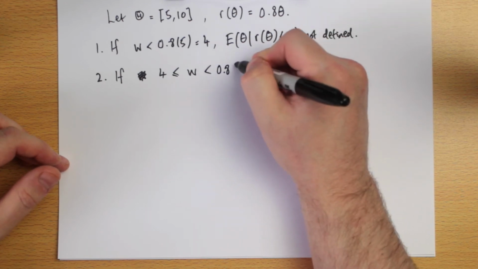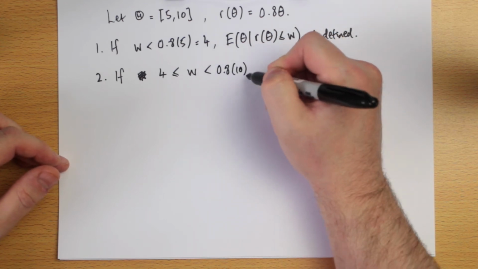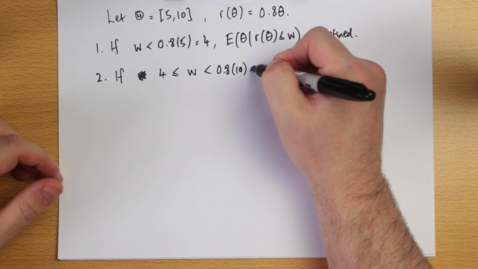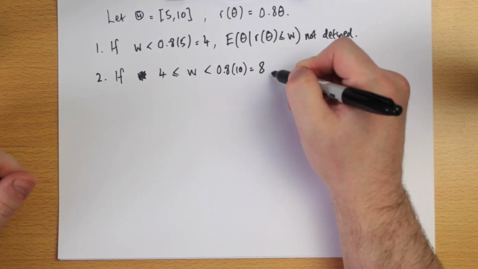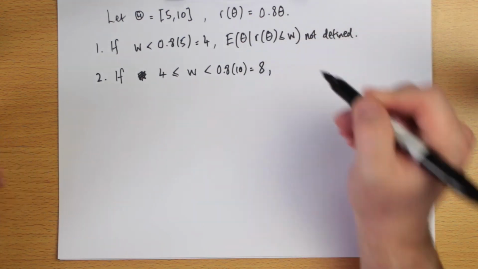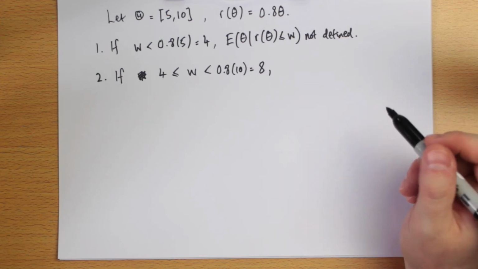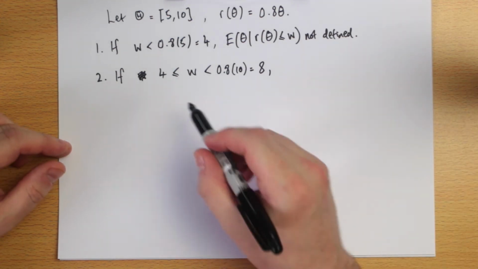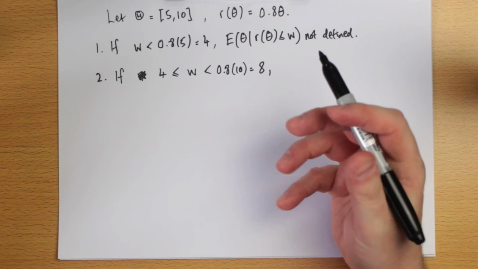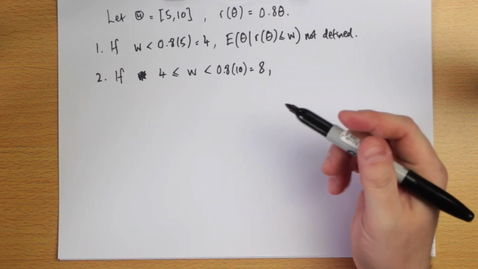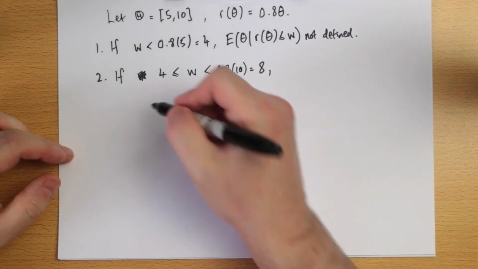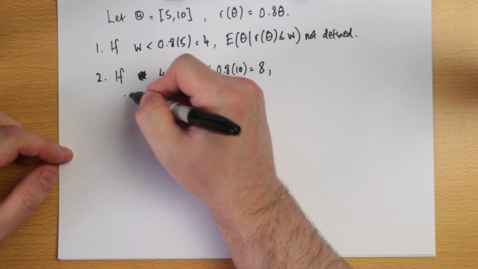So if we say that this is less than the 0.8 times 10 case, then at least the highest person won't accept this wage. So some will accept and some won't. Well, what happens then? One way of thinking is, who's the most productive employee that comes to work?